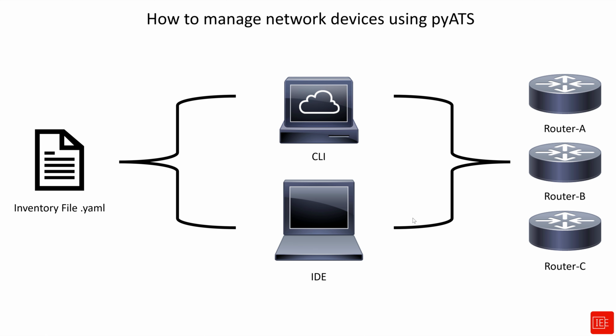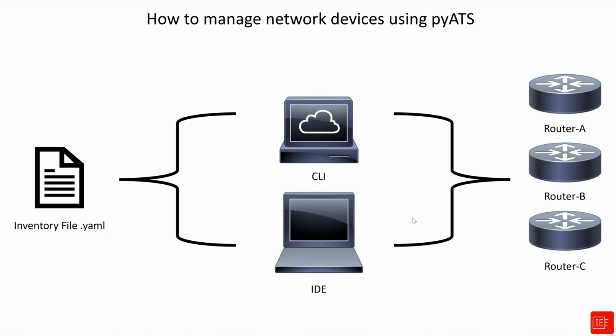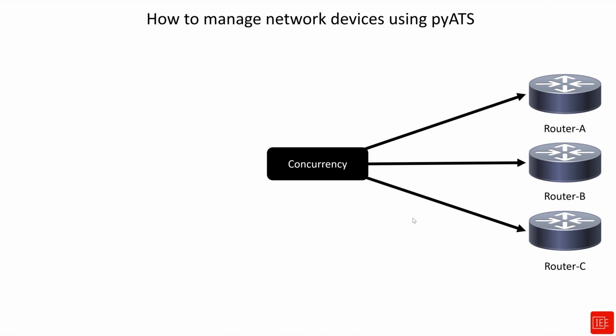For instance, interacting with multiple devices in one go using something called concurrency. This would reduce the time it takes to get the data you need or to push config across multiple devices in one go. My current topology contains three main Cisco routers, as you can see on the screen. We have router A, B, and C, and those are the ones that I will be interacting with.